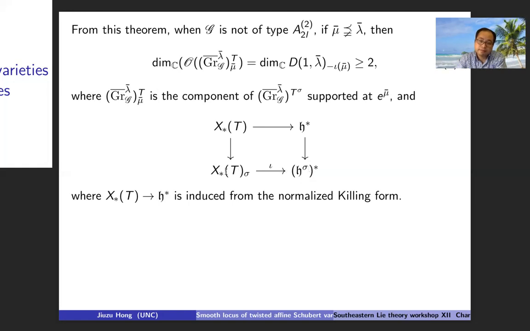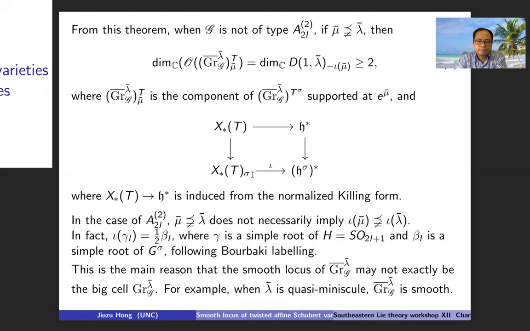And given a mu bar here, then we get a weight here. Yeah, the reason that the case of twist A2L is more complicated is because this dominance relation does not necessarily imply the dominance relation on this weight side, okay?